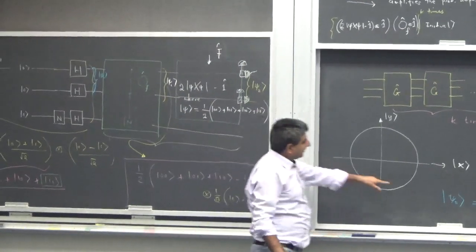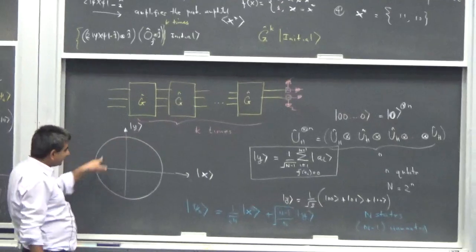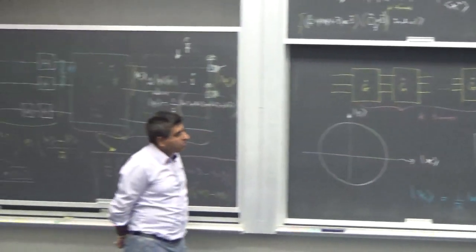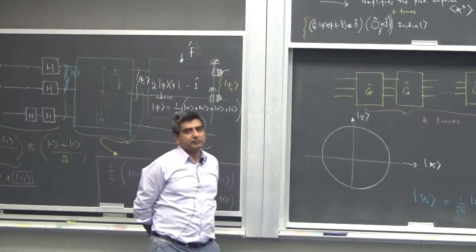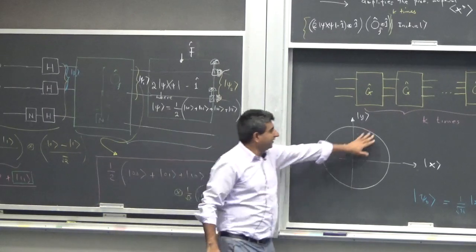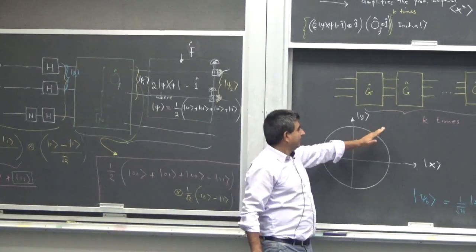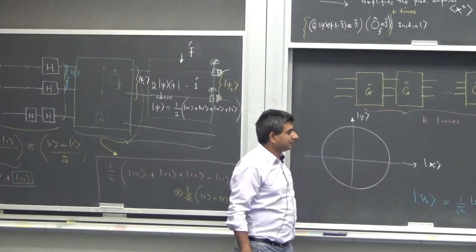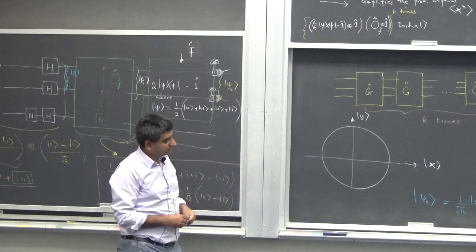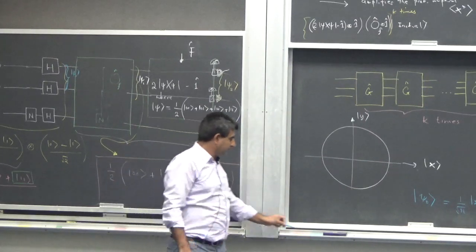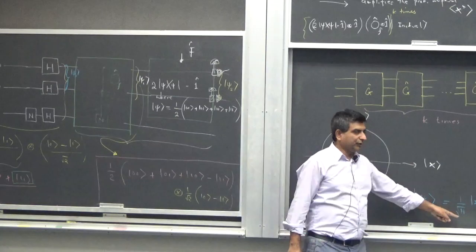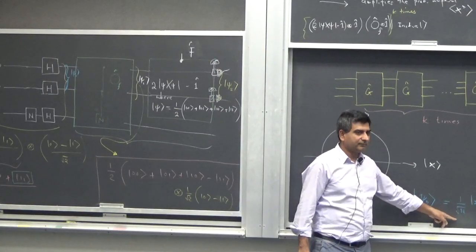Now where does this state lie on this circle? Somewhere here, right, in this quadrant. Is it closer to this or closer to this? Same? Why? So this is 1 over 4, 1 half.